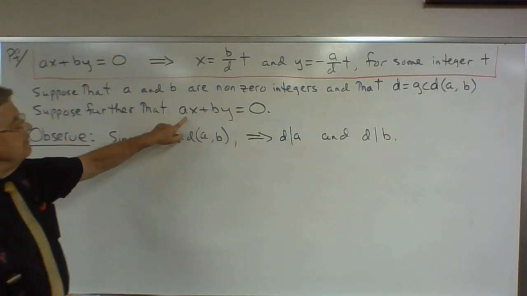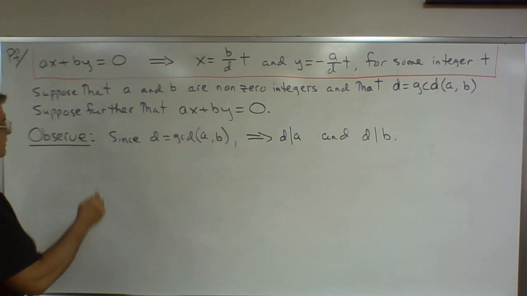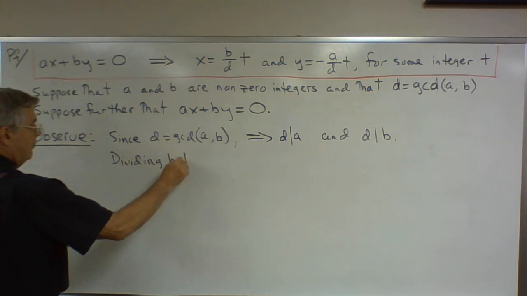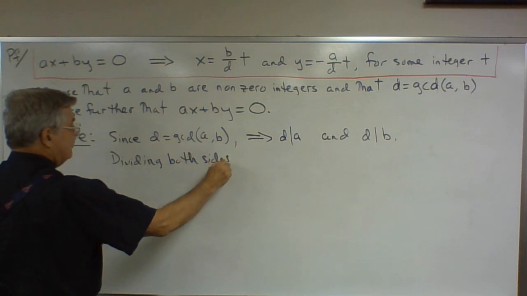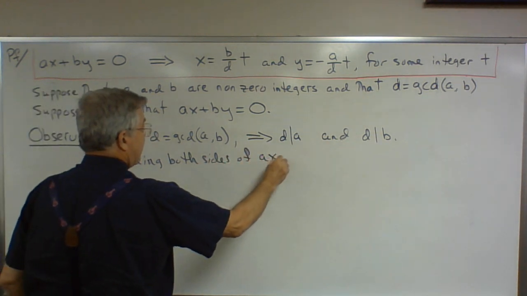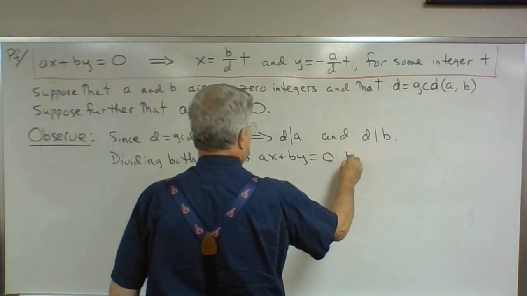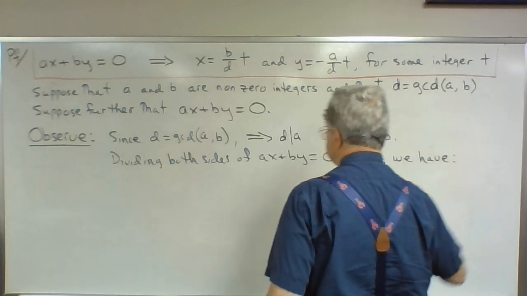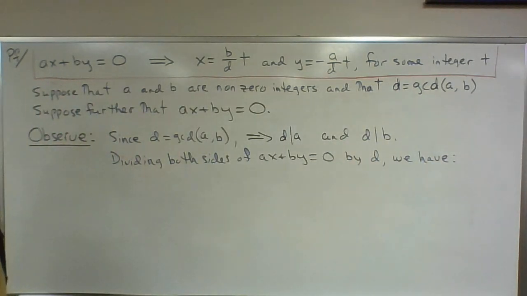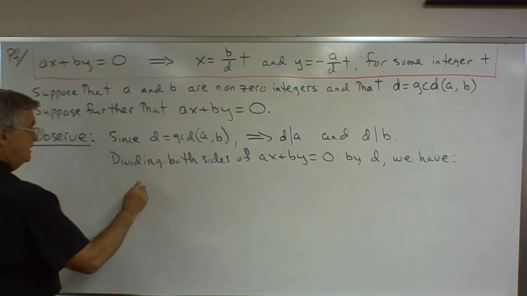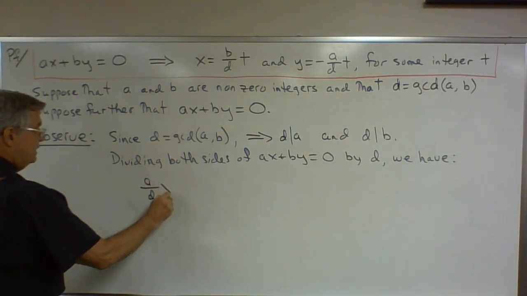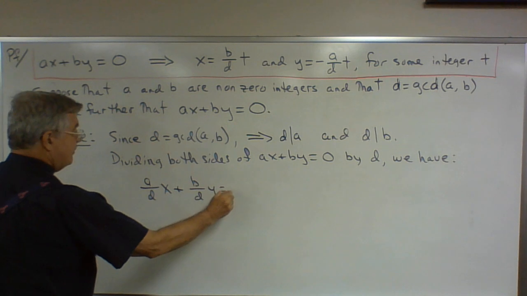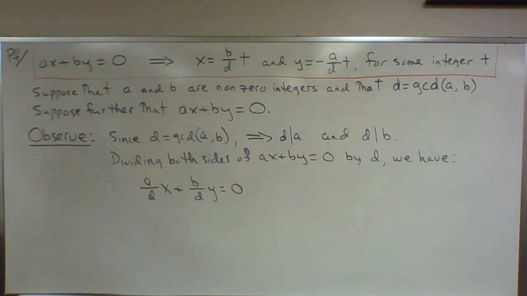So I'm going to take this equation and divide both sides. Divide by d, a over d x plus d over d y is 0.